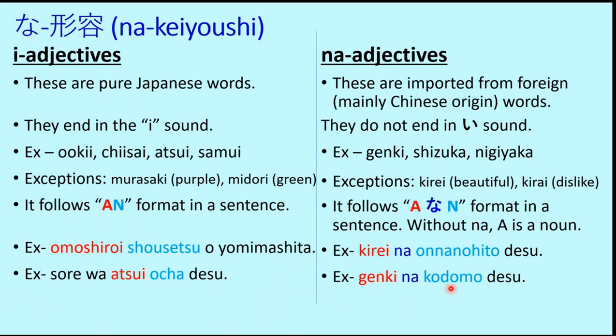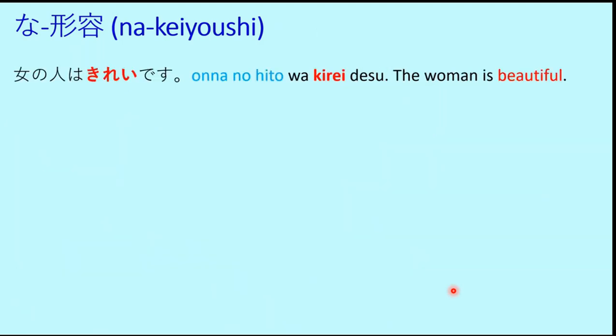So kirei na onna no hito means beautiful lady or beautiful woman, and genki na kodomo means a healthy child. Genki will become health if we do not use this na, and that will not give any meaning. Health child has no meaning. So this is the fundamental difference between i adjectives and na adjectives: in na adjectives, the adjective connects to the noun through na.